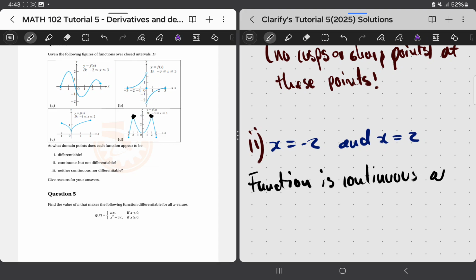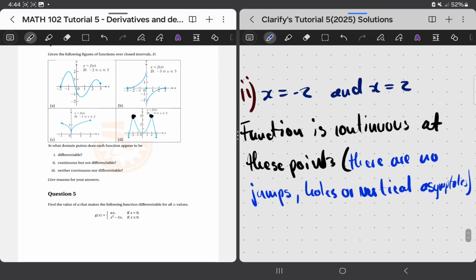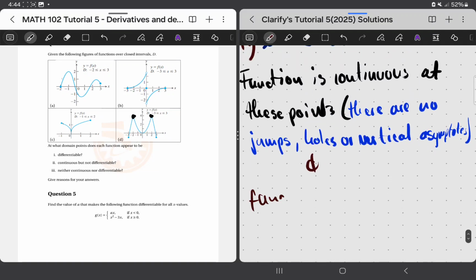The function is continuous at these points. At these points, you can say that there are no jumps, holes, or vertical asymptotes. And then you can say, but the function is not differentiable.